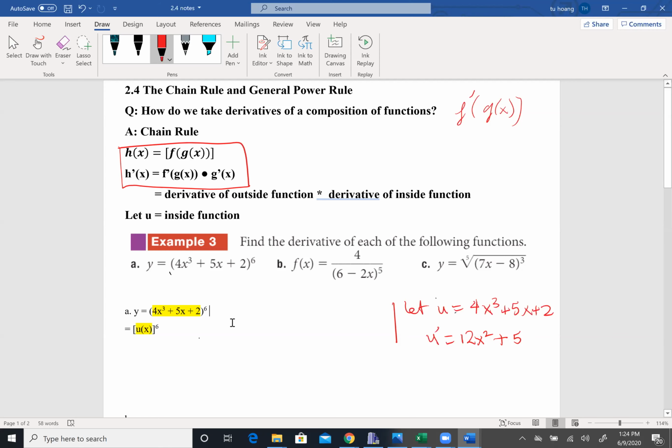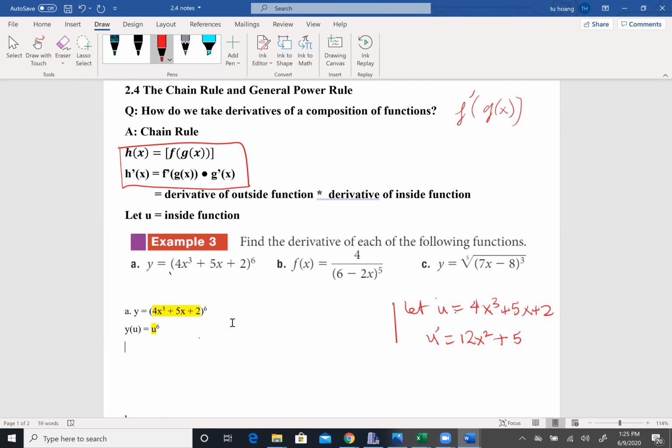What about the outside derivative? How can I do that? I know that y can now be rewritten as u to the power 6, because u is equal to 4x cubed plus 5x plus 2. So if I write y as a function of u, then I have u to the power 6.